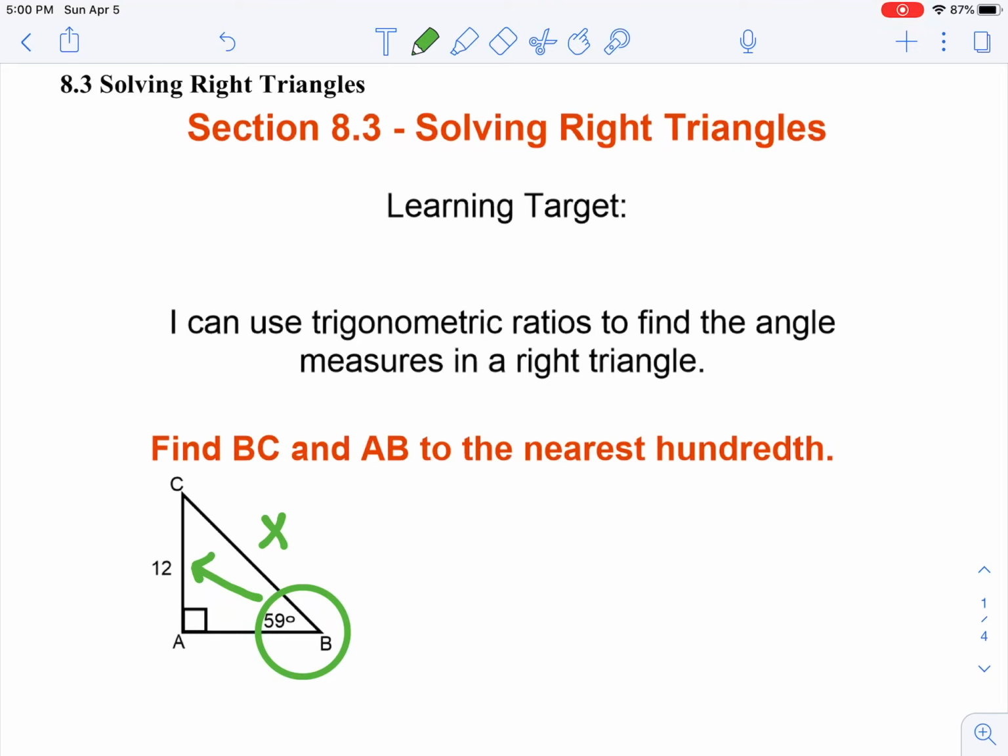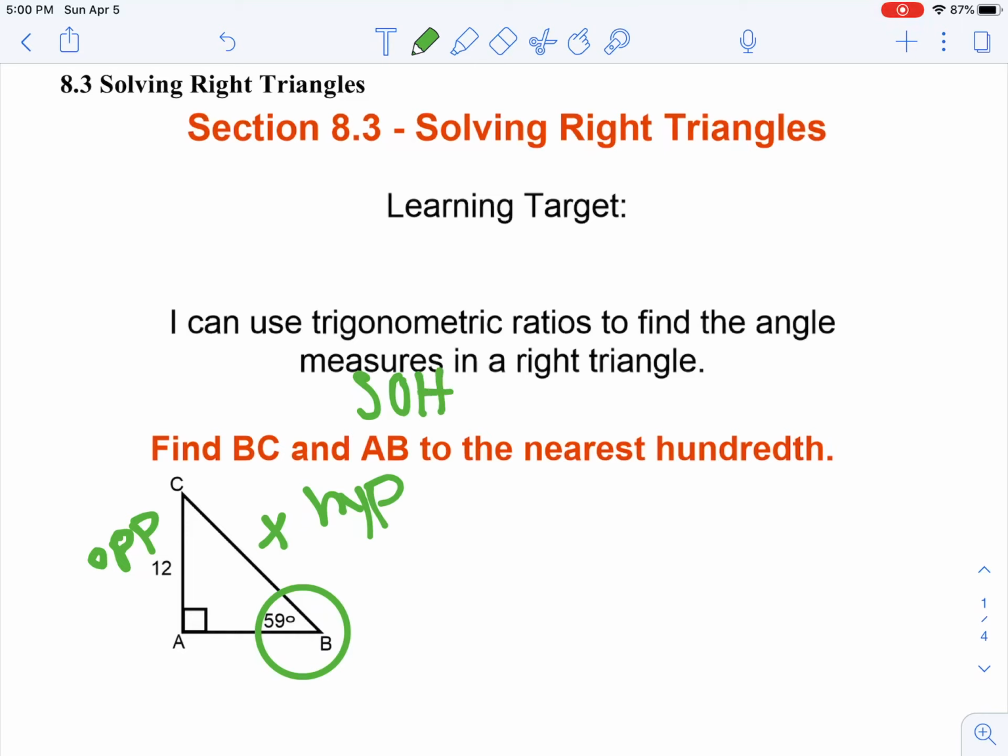So you can see that we are also given side AC to be 12, and that would represent our opposite side in this example, because it is across from my given angle. So that would mean that X, or side BC, is across from our right angle, so that would have to be our hypotenuse.